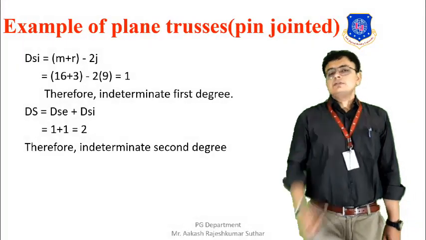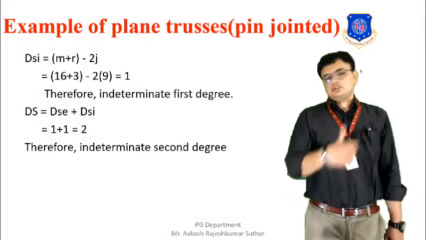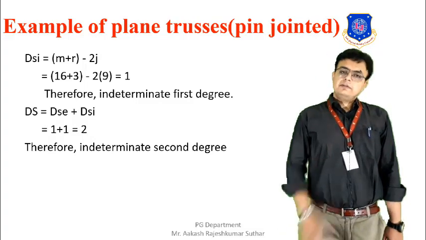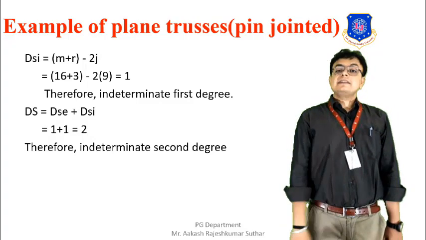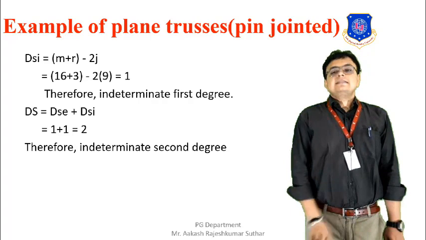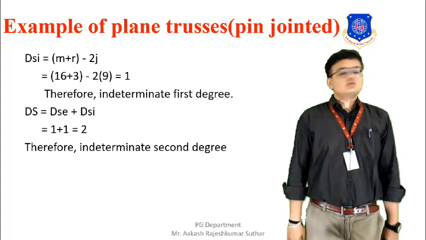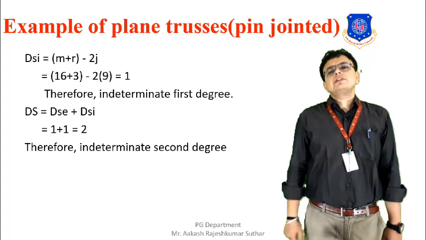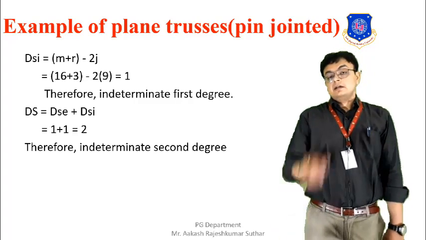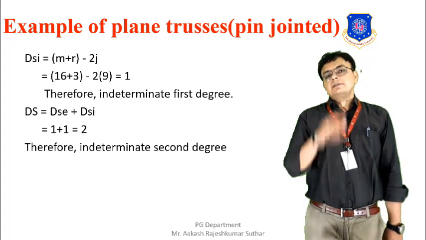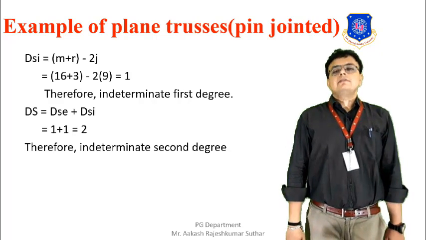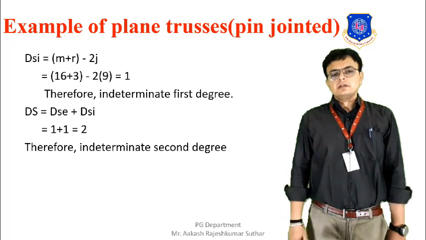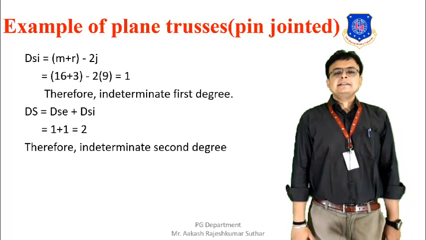Now talking about the internal indeterminacy of a structure. For that purpose, we have a formula that we discussed in the previous slide, that is m plus r minus 2j. The number of members, the number of joints, and the number of equations available are all involved. The number of members is 16.